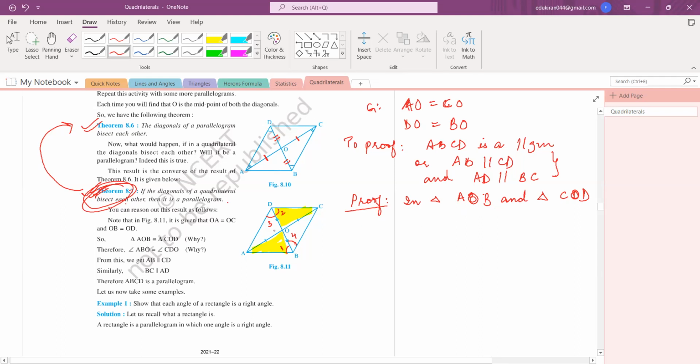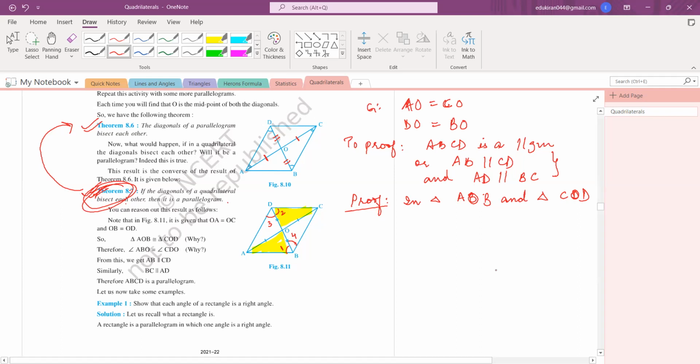So tell me, how can you show them congruent? Tell me one thing at least. Look at the two yellow triangles. Tell me one condition. Angle AOB is congruent to angle COD.